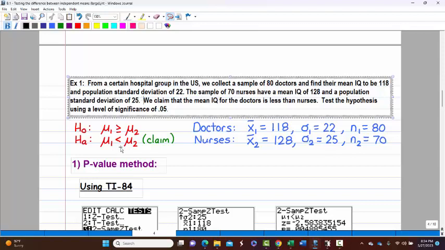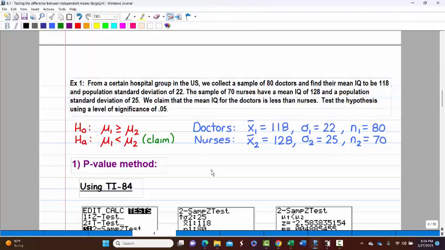As I said earlier, whatever group you see first in the problem, we want to treat as group 1. The doctors were given first, so they're group 1. I wrote all their information right over here. The nurses were second, they were group 2.